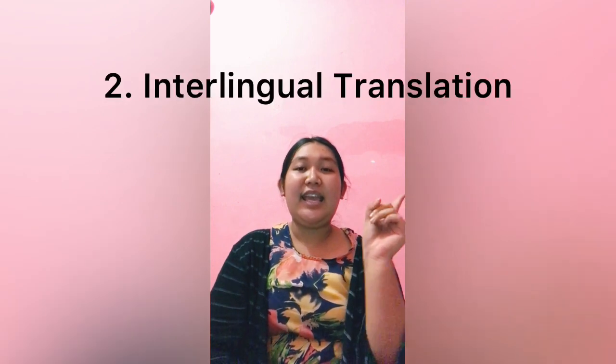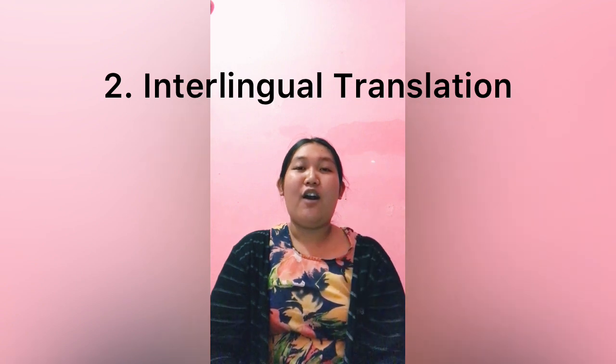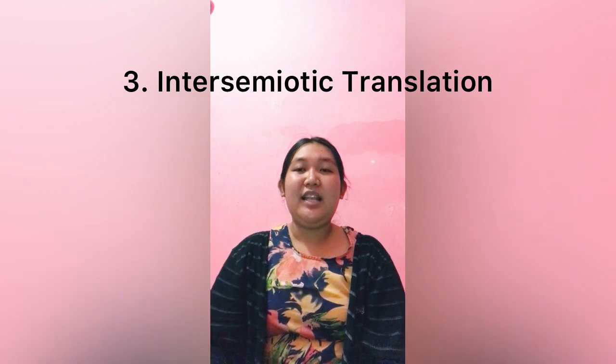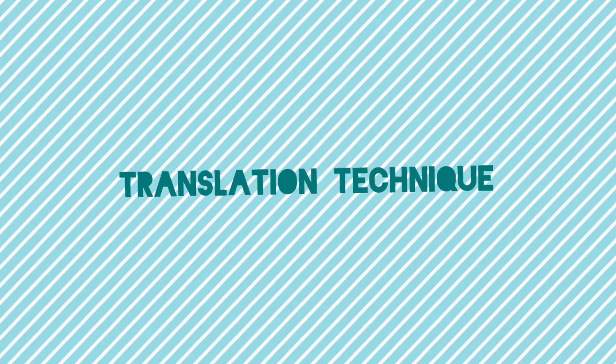And the second, interlingual translation, or translation proper: interpretation of verbal things by means of some other language. And third is intersemiotic translation, or transmutation: interpretation of verbal things by means of non-verbal sign systems. And now is the part of translation technique.